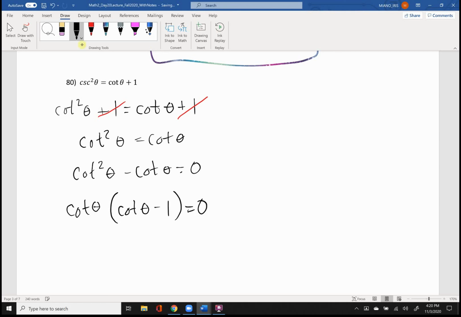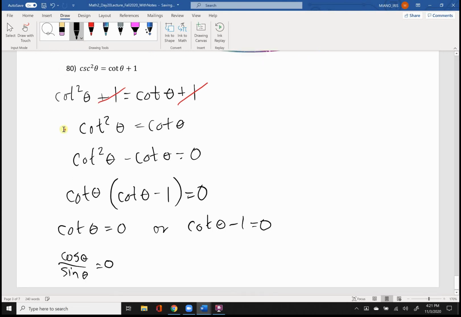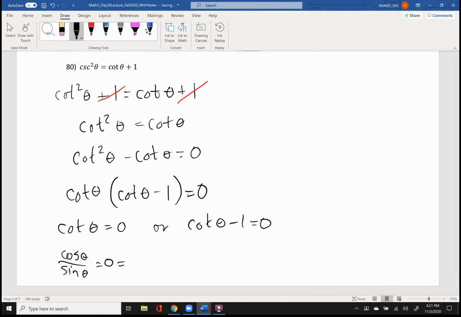Zero product principle dictates either the cotangent theta equals 0 or cotangent theta minus 1 equals 0. So the cosine theta over sine theta equals 0 then, and that means that the cosine theta equals 0. We did that one just a second ago, so that means theta equals pi over 2 or 3 pi over 2.